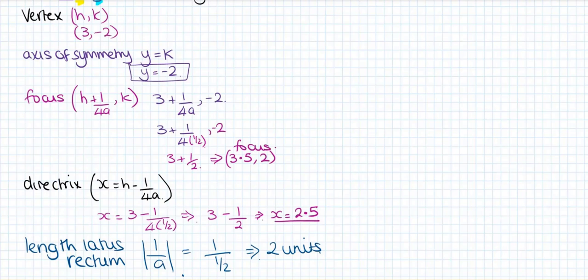Okay, so now we need to graph. Let's have a look at the information that we have. We know that the vertex is at 3, minus 2. So let's draw ourselves an axis.